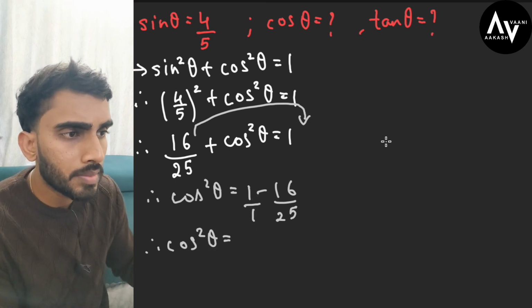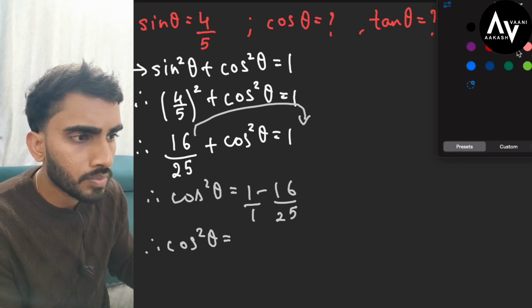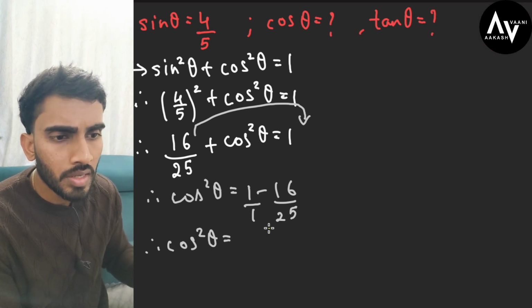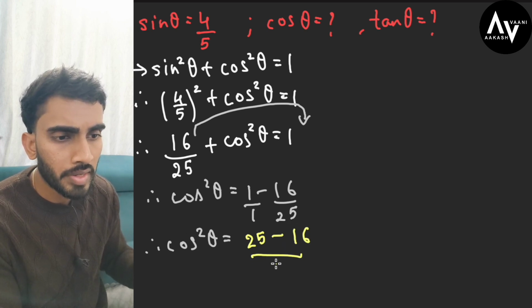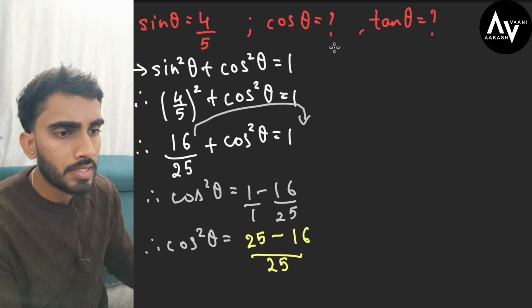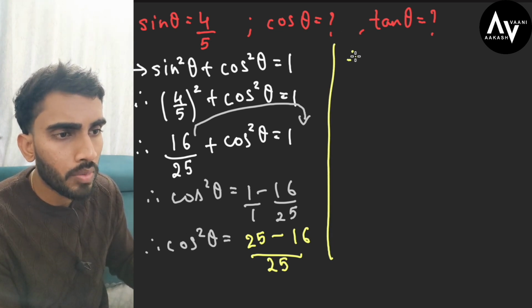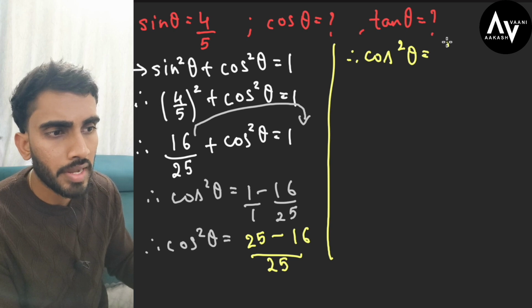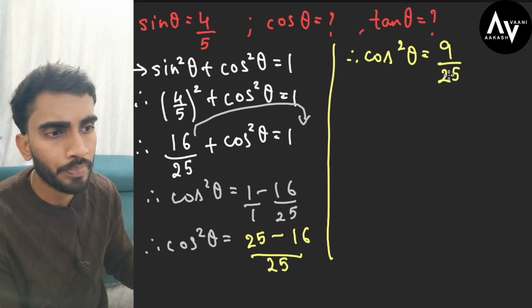So as a result, we will get 25 ones are 25 minus 1 16s are 16 upon 1 into 25, 25. As a result, we will have cos square theta is equals to 9 upon 25.